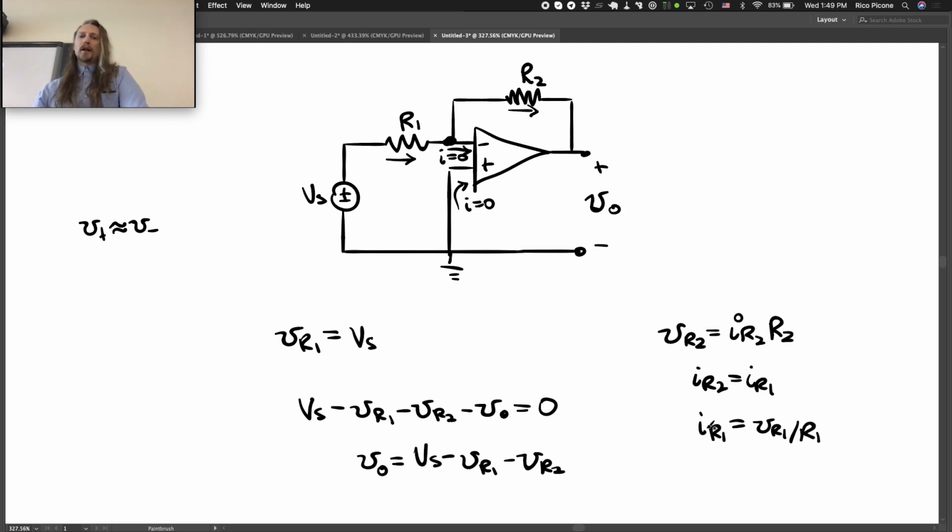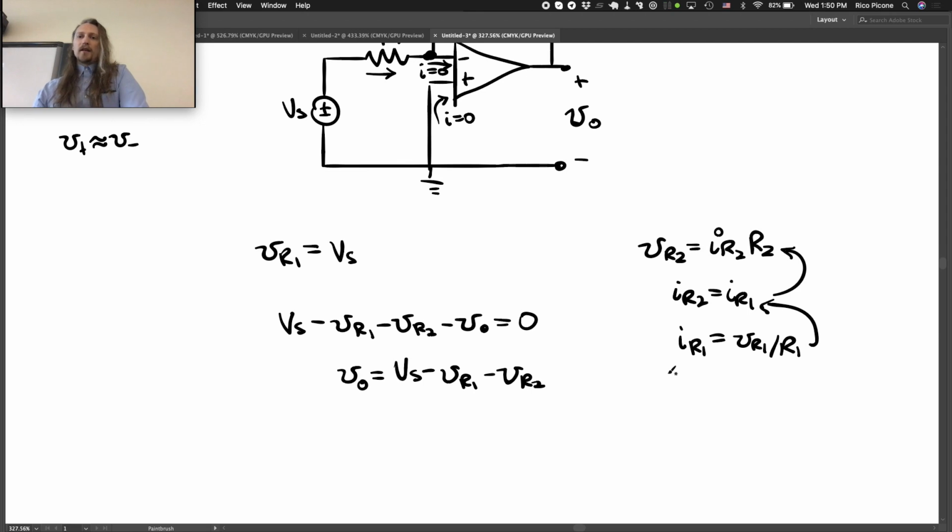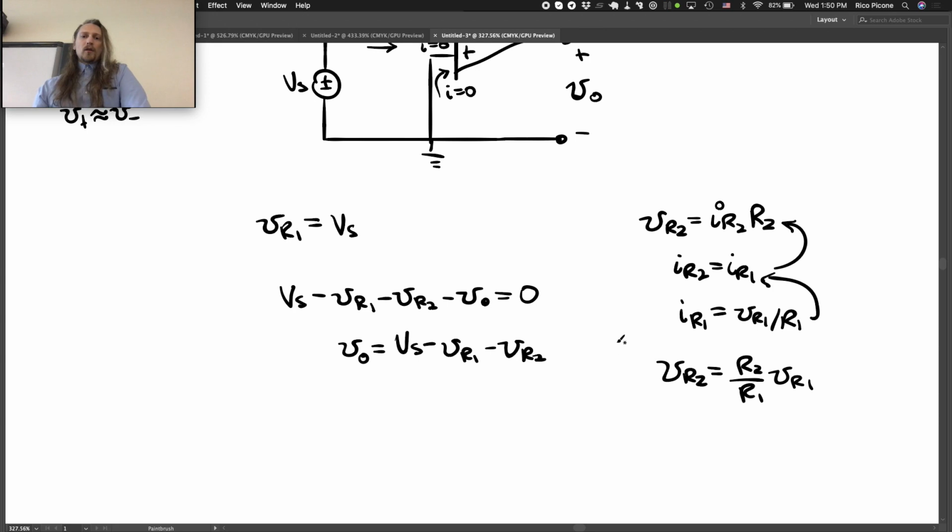Okay, so plugging this into this and plugging that into that, we get that VR2 is equal to R2 over R1 times VR1. Okay? We know VR1, right, from up here.